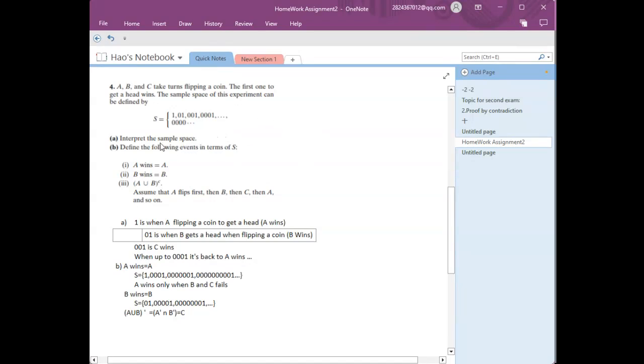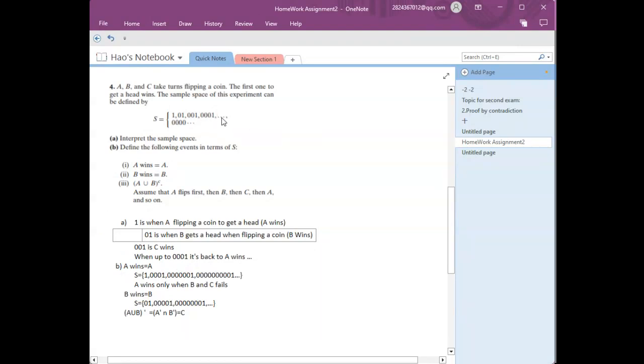Got it. And for the first one, it tells us the sample space. First one is A, second one is B. For B, it tells A wins. The sample space for A wins is 1, and then 0, 0, 0, 1.